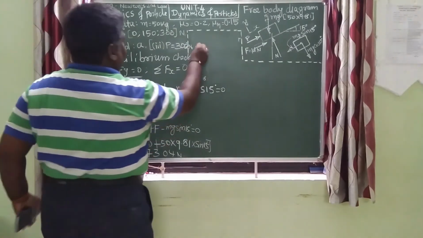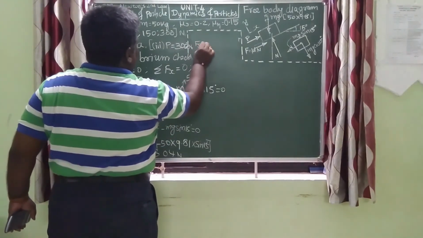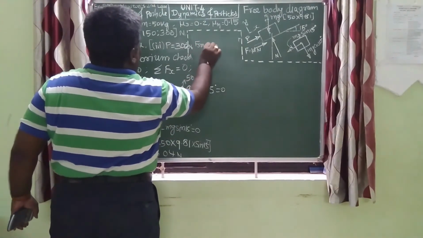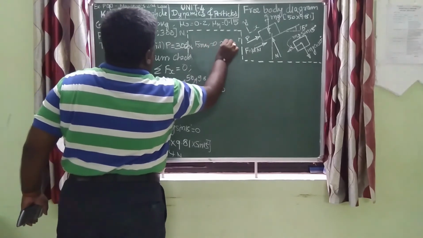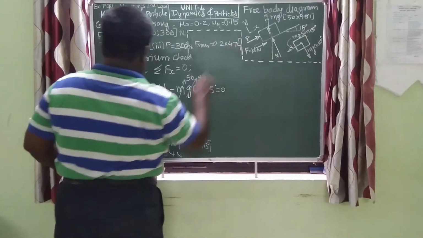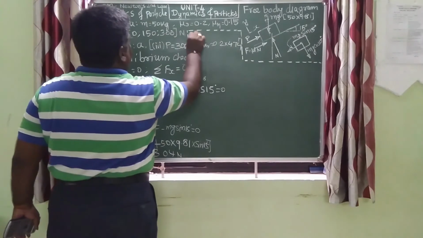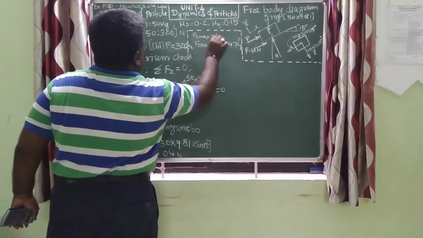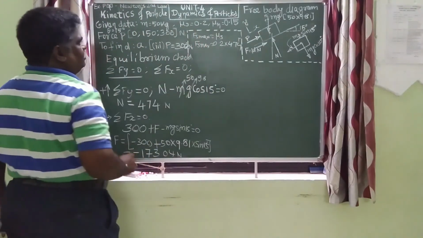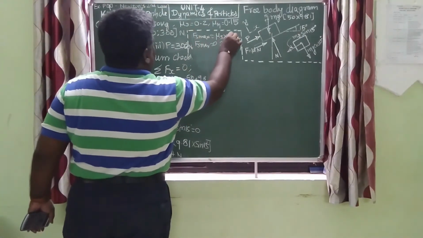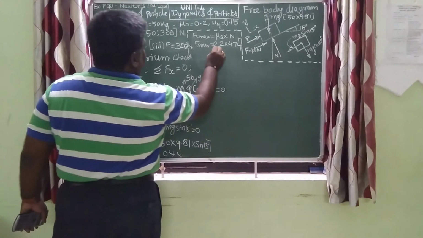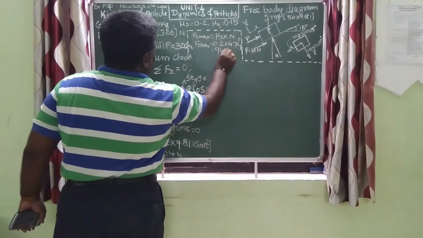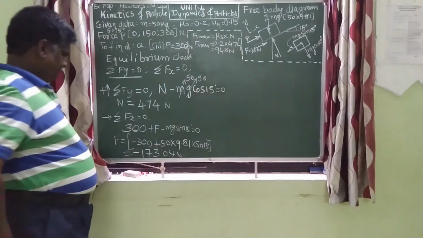The static friction we have to verify: 0.2 into the 474 reaction force, that is F max, the static friction coefficient into reaction force. So that is 94.8 Newton.